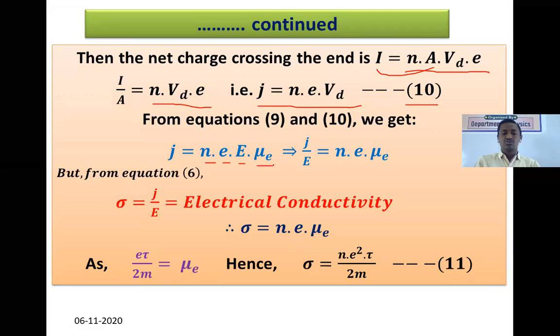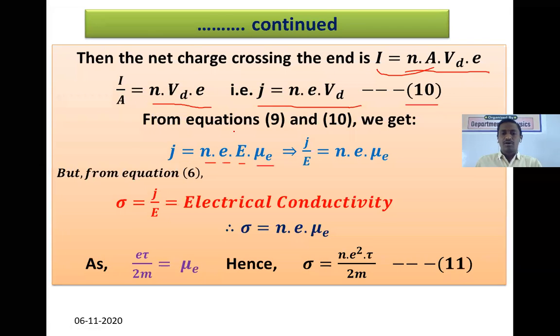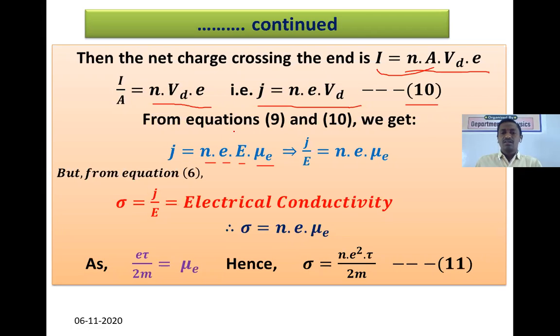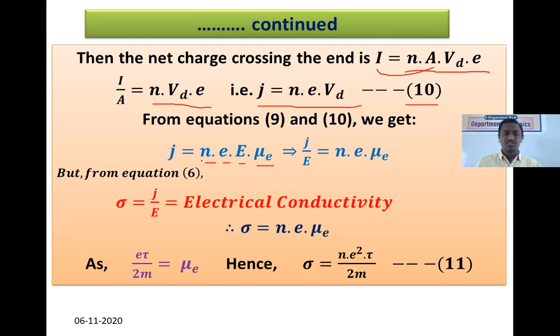Sometimes whenever they ask to derive the expression for Ohm's law in the case of electrical conductivity or in the case of metals, you have to derive up to this equation. In that equation, n, that is the number of electrons per unit volume, is constant.